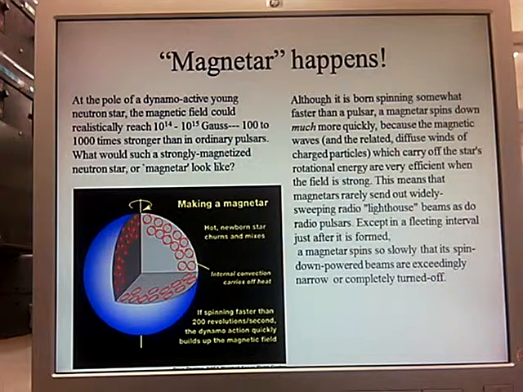So in particular, if you're spinning faster than something like 200 rotations per second, then the dynamo action can occur and quickly build up this magnetic field. So there's this well-known threshold to where you can get a magnetar.